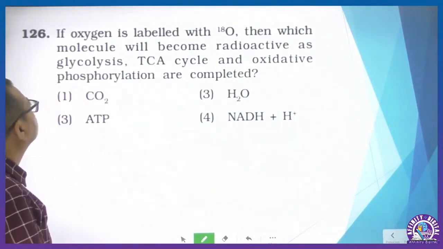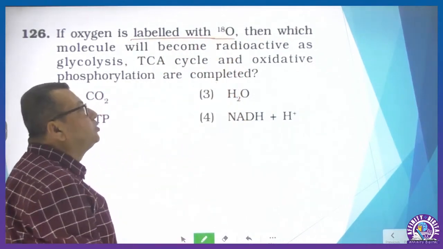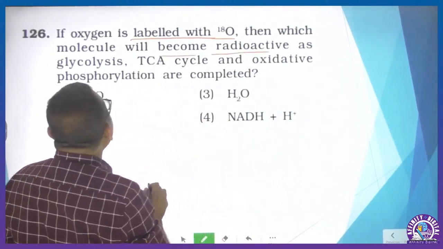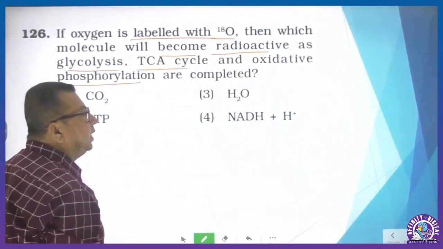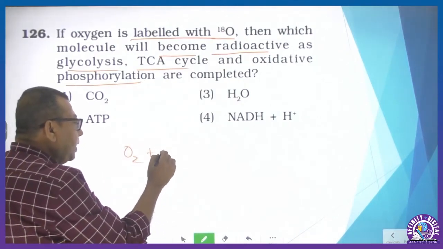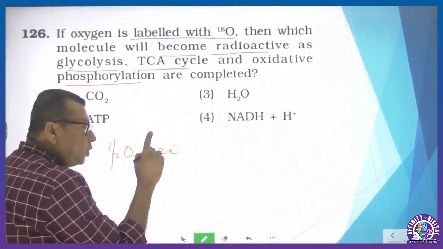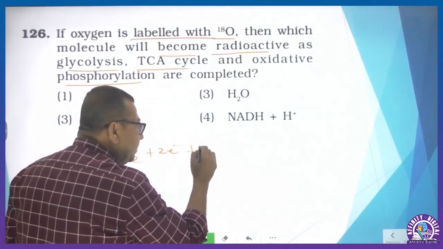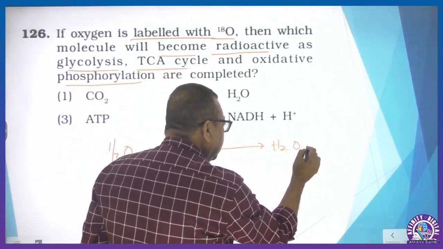Achha, if oxygen is labeled with O18, a radioactive isotope of oxygen, then which of the molecules will become radioactive as glycolysis, TCA cycle and oxidative phosphorylation in ETS are completed? So what is the role of oxygen in aerobic respiration? Oxygen is the final acceptor of electrons that come to the ETS and gets reduced to water after accepting hydrogen in the form of protons.